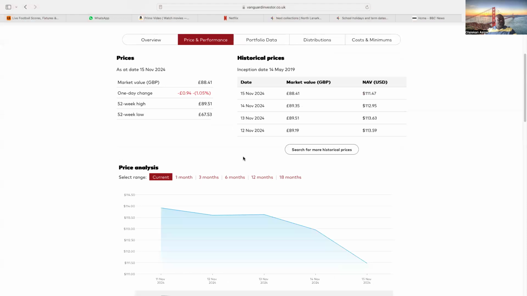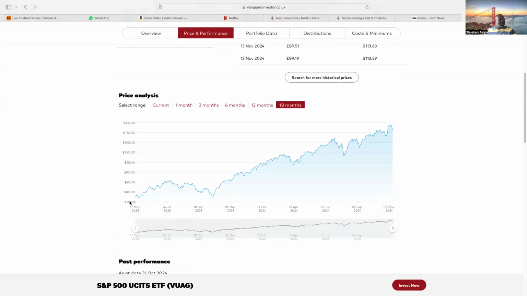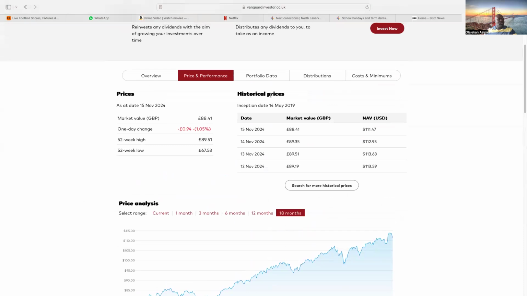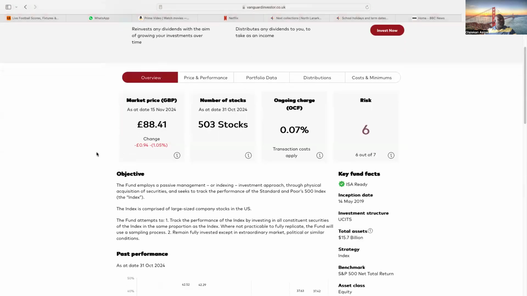If you look at the performance, for instance, the price of the fund has gone up in the past 18 months. Distribution, let's see, overview.